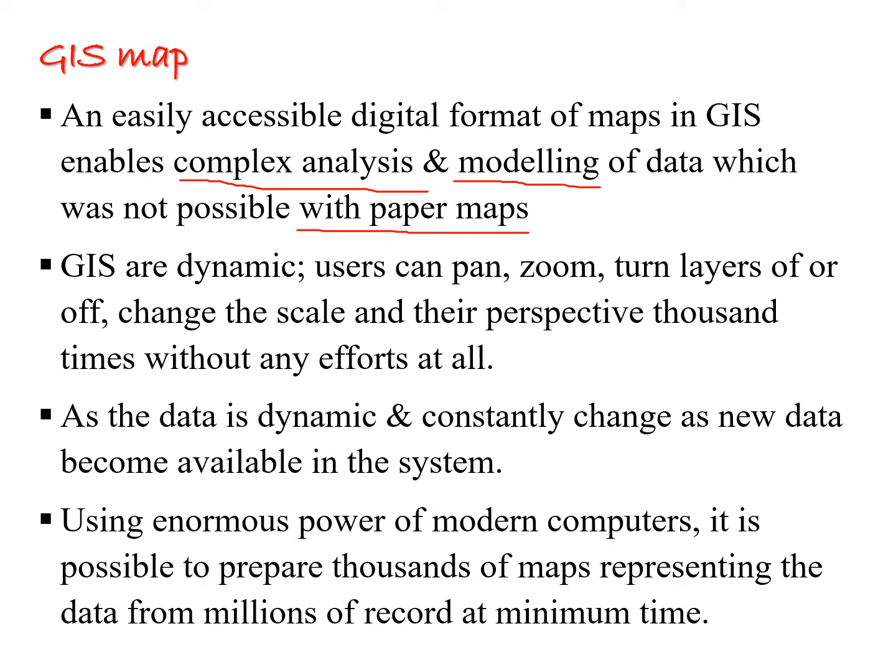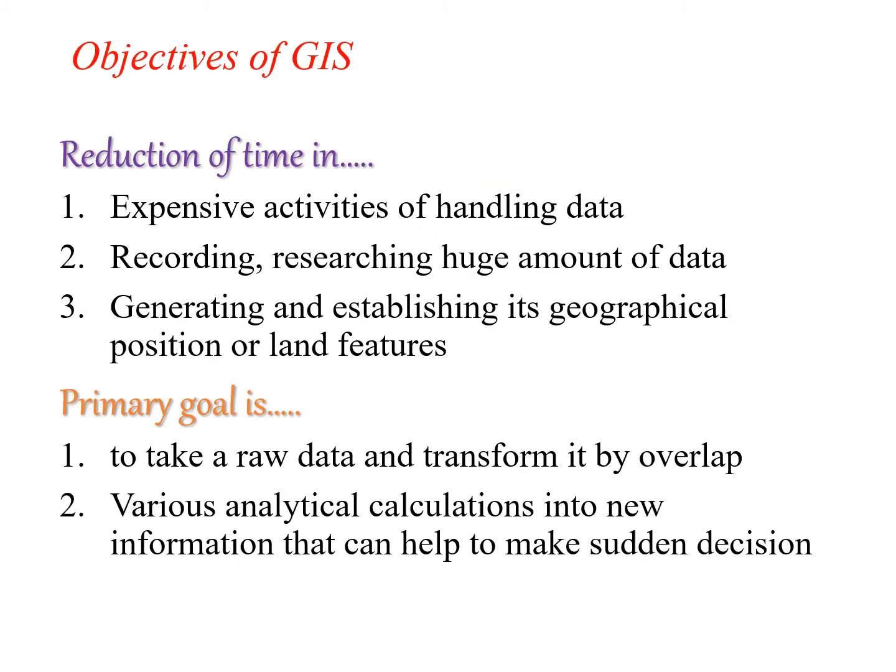So with these modern computers, complex problems can be solved. It is possible to prepare thousands of maps representing data from millions of records in minimum time, a very short duration, as a supercomputer does all the changes and shows the output. So the basic question: what are the objectives of GIS?